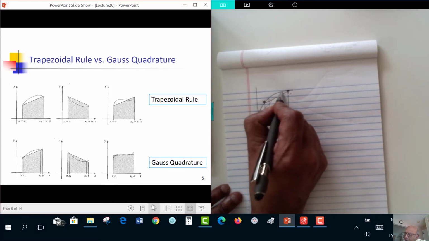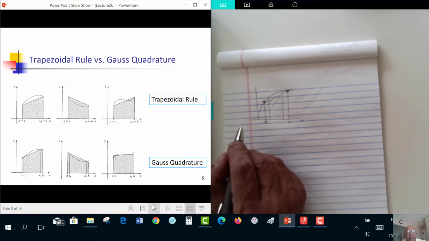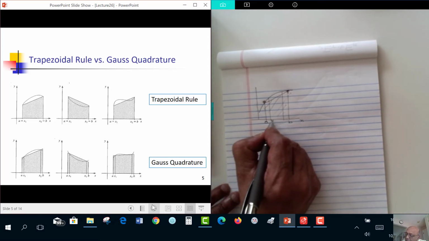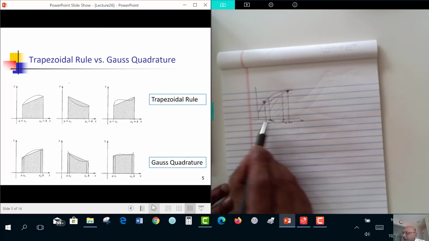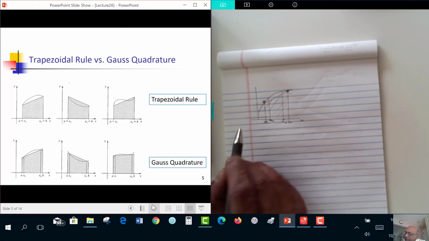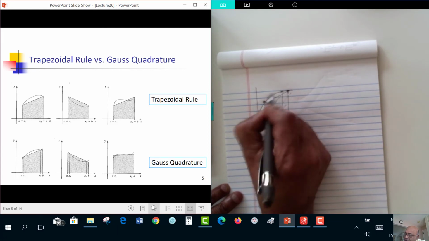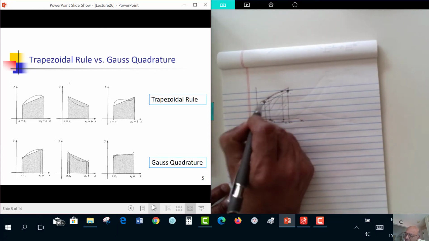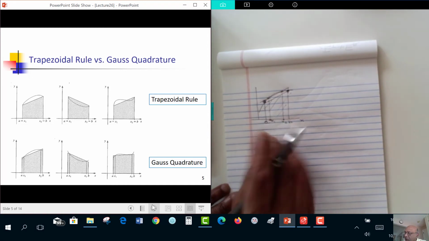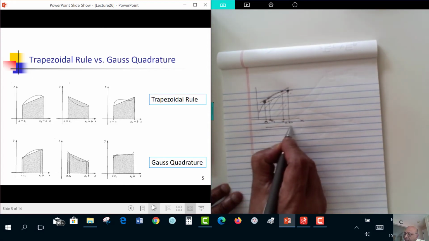So I'm going to choose 2 nodes again. I'm going to do still 2 function evaluations, but at my own choice, x1 and x2. And I'm always going to choose x1 and x2 relative to AB like this. And then to these 2 function values, I'm going to fit a straight line, and I'm going to build a trapezoid again on this entire width.